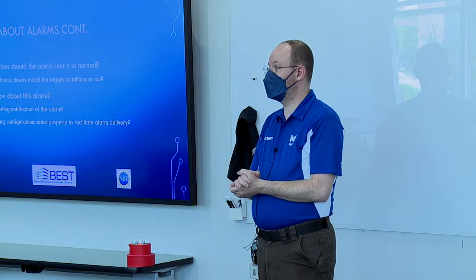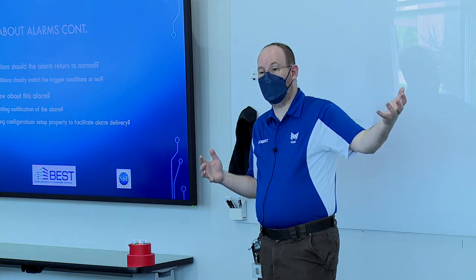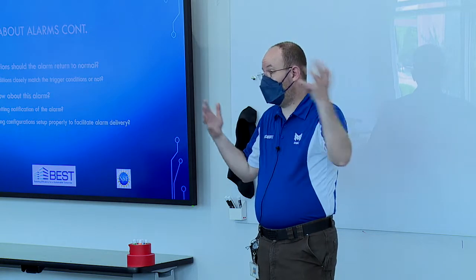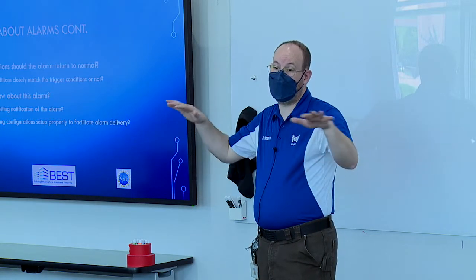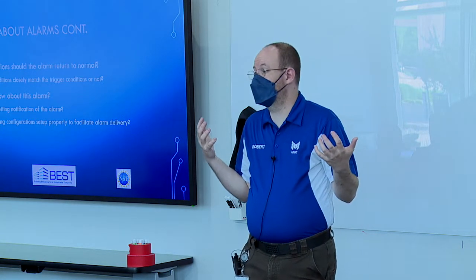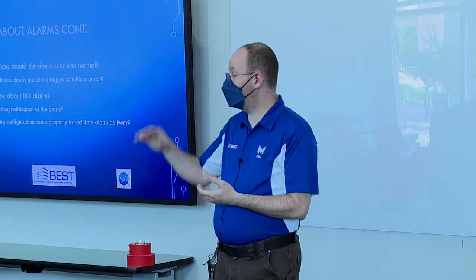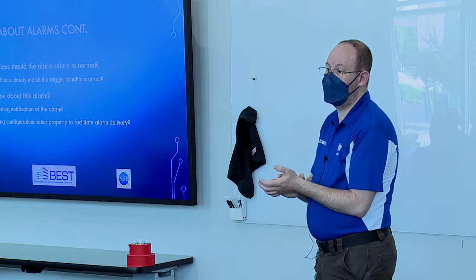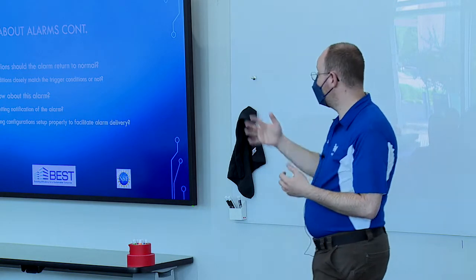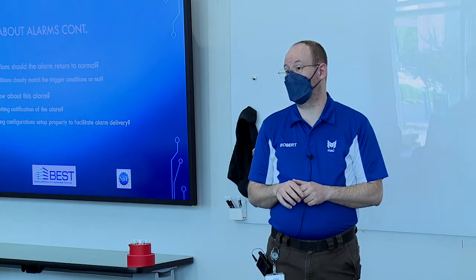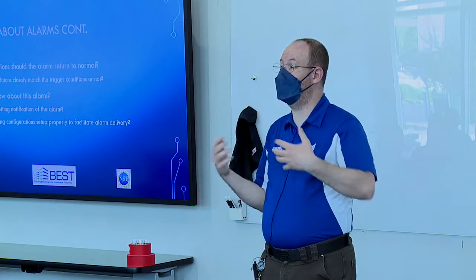Whether the issue was resolved by a technician or resolved by time, the alarm, whatever it is, it's not a priority anymore. Do we still need to look into it? If somebody didn't, maybe, maybe not. But that thing that's currently screaming for help takes priority. Okay? And sometimes alarm conditions or clear conditions aren't the same. And we have to acknowledge that and set up accordingly.